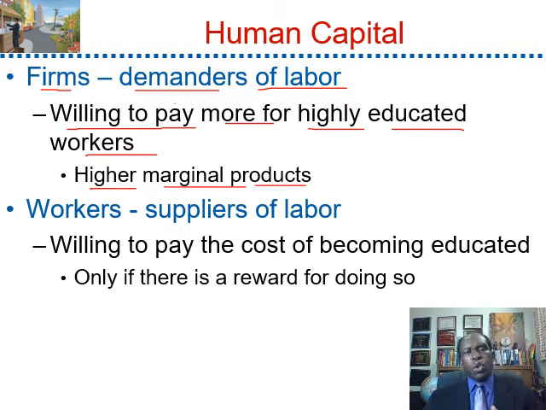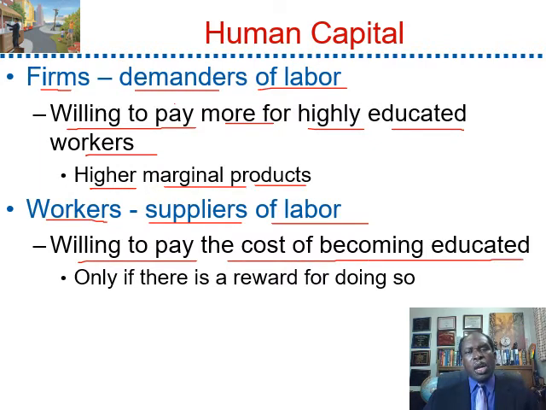On the other hand, workers are the suppliers of labor. They are willing to pay the cost of being educated only if there is a reward for doing it. So you go to school to get your bachelor's degree, your master's degree, or your PhD, so you can earn more money. The reward is that at the end, you get a job and you earn more money.